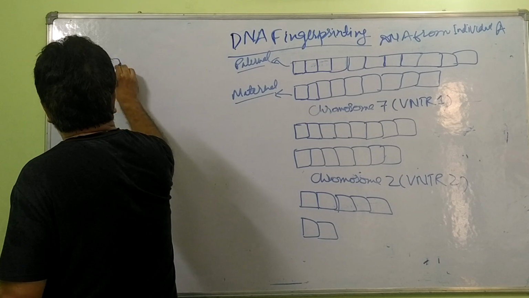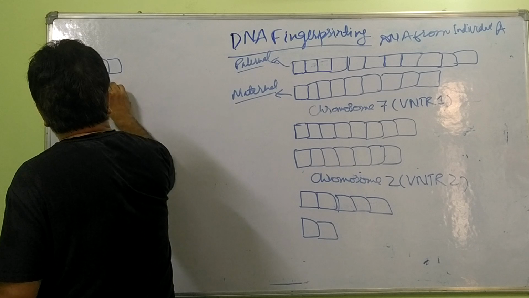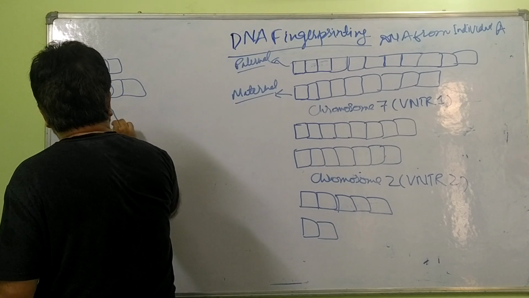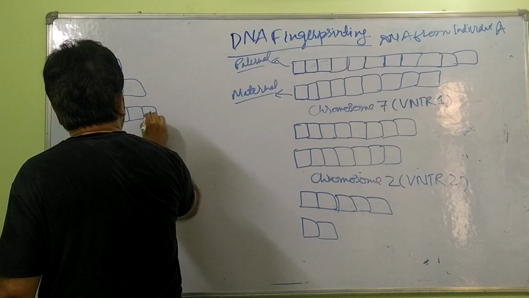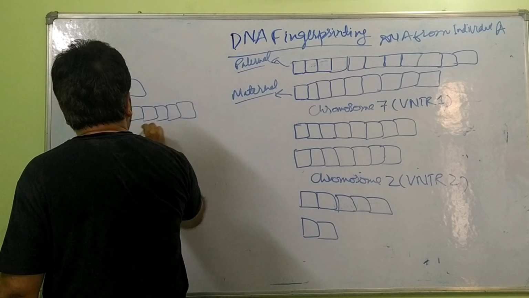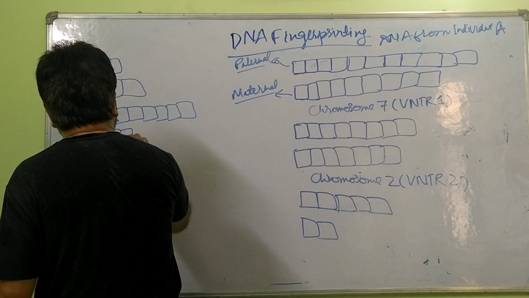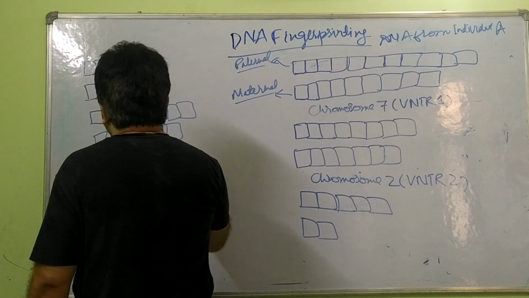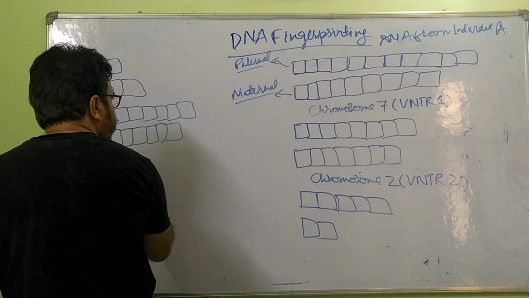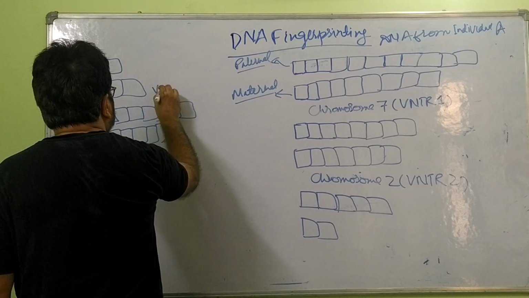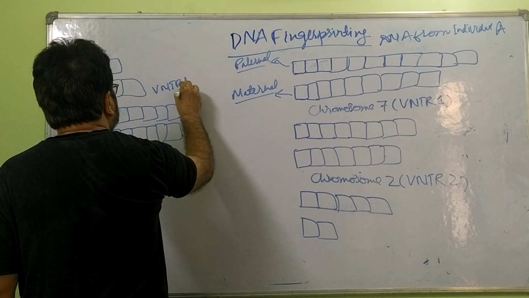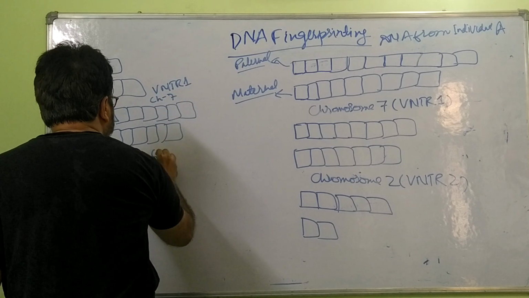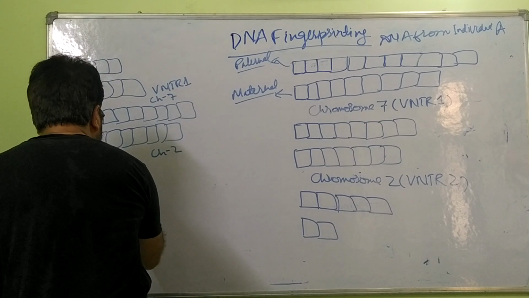Three units and 4 units and 8 units. 1, 2, 3, 4, 5, 6, 7, 8 and 7 units. 4, 5, 6, 7. So these were the third VNTR is VNTR 1 or chromosome 7, and this is chromosome 2 and the chromosome 16.